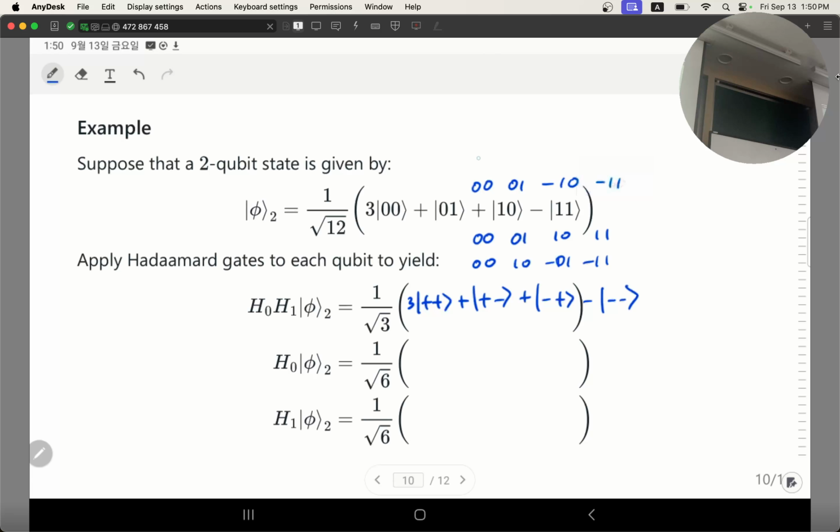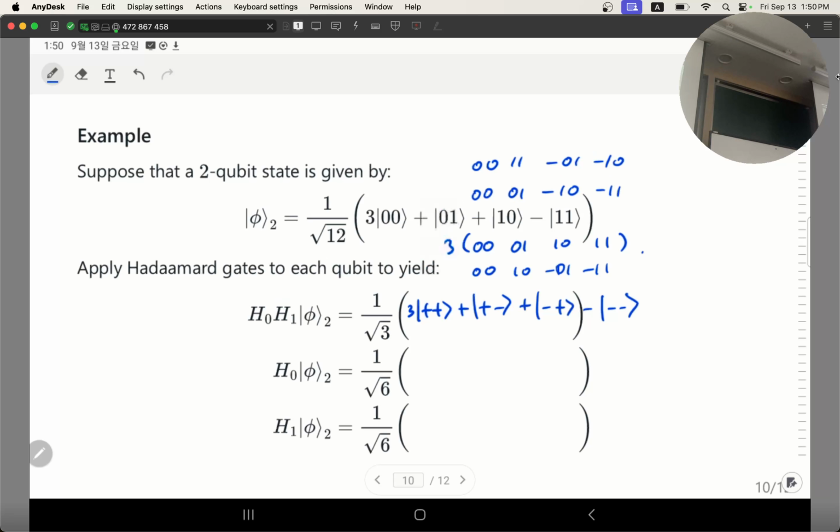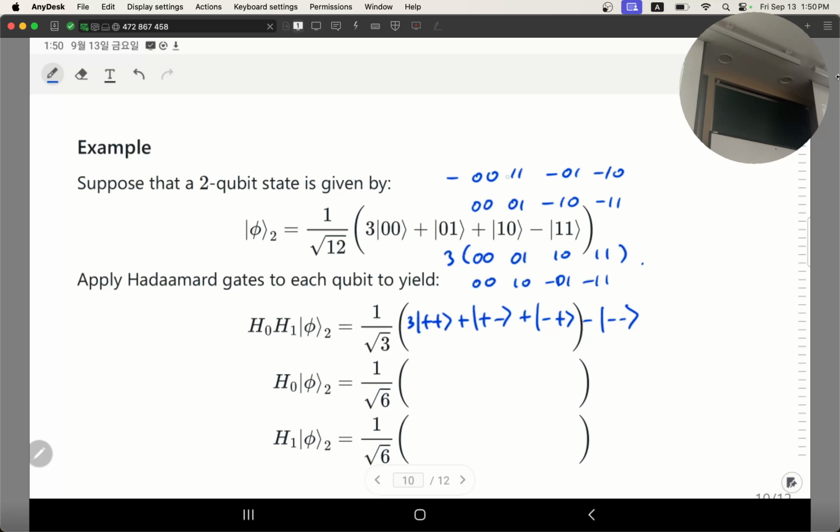And here we have 0, 0, 1, 1, minus 0, 1, minus 1, 0. So we have 3 of these. I'm going to compute. Oh, I have a minus sign here. So it's minus, minus, plus, plus here.